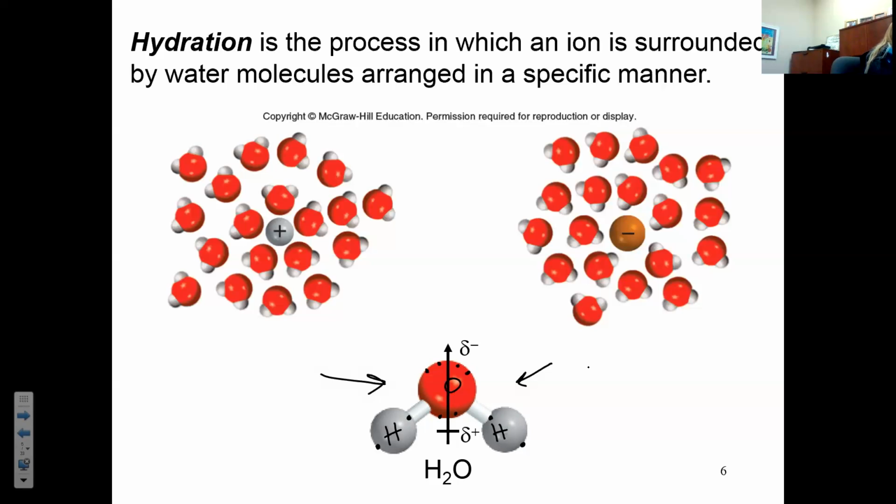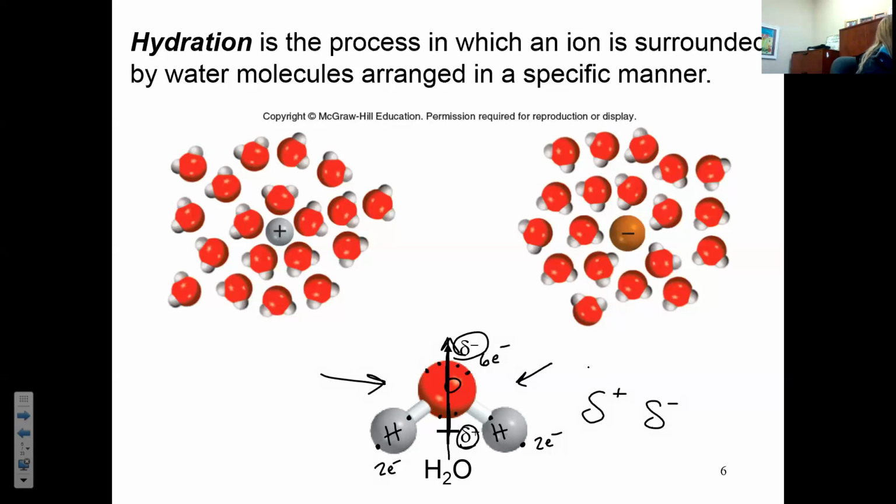Oxygen is more negative because it has 6 electrons around it, and the hydrogens only have 2 electrons. So this side would be more positive, this side would be more negative. This is the symbology that we use to denote one side's more positive and one side's more negative.